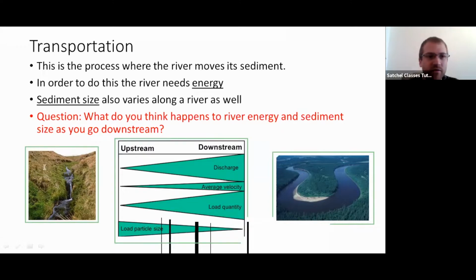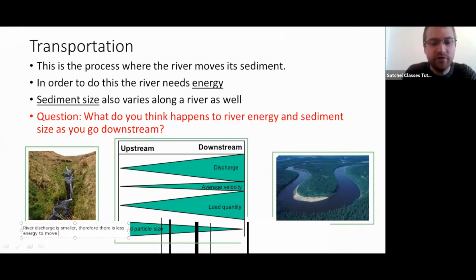So in theory, if we look at the image on the left, we can see that discharge, that's the volume and speed of water for a certain point, is much lower. We can see that from the middle Bradshaw model diagram. That triangular point is much smaller, so therefore the river discharge is smaller, therefore there is less energy to move sediment.